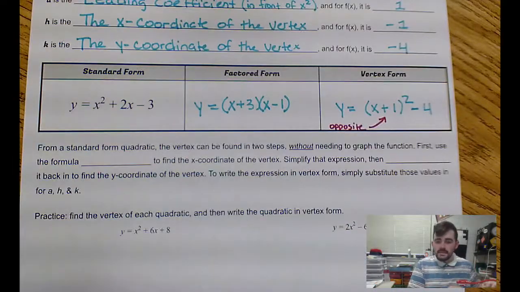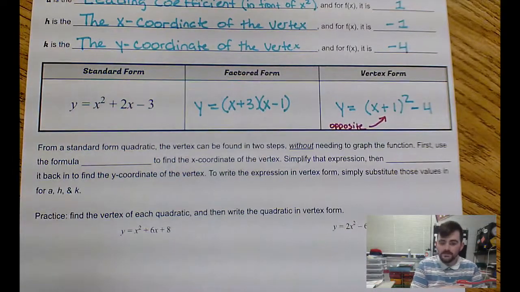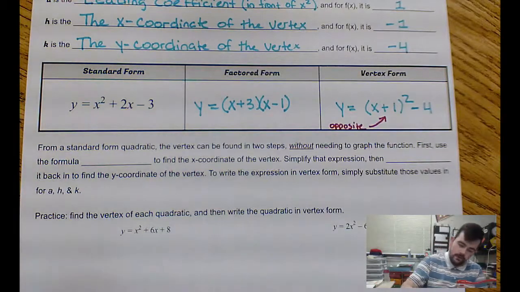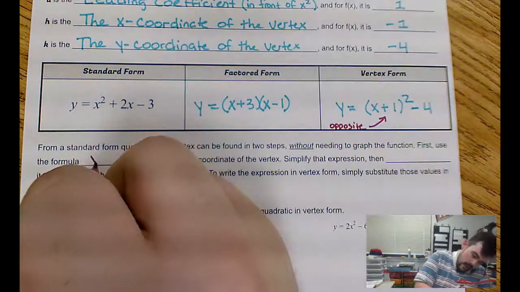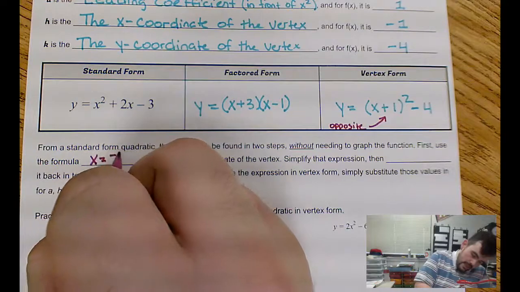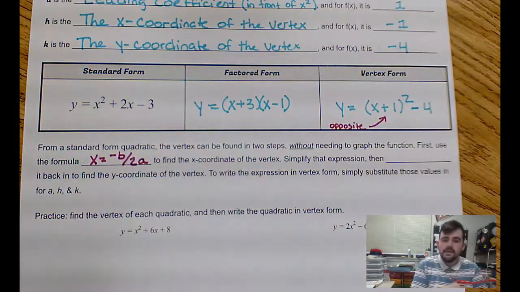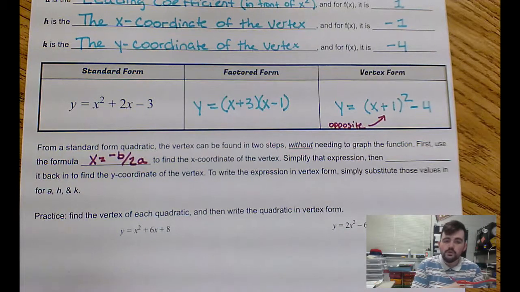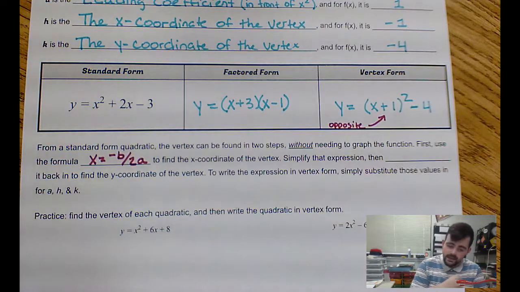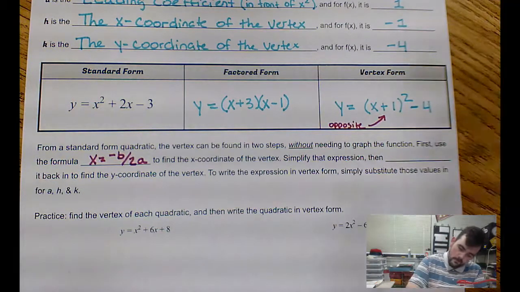It's pretty easy. So first, use this formula: x equals -b over 2a, to find the x-coordinate of your vertex. Simplify that expression and then substitute it back in to find the y-coordinate.